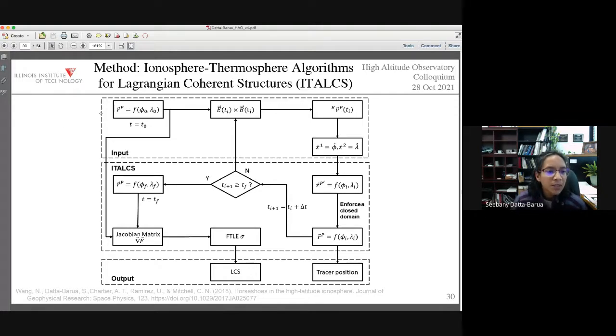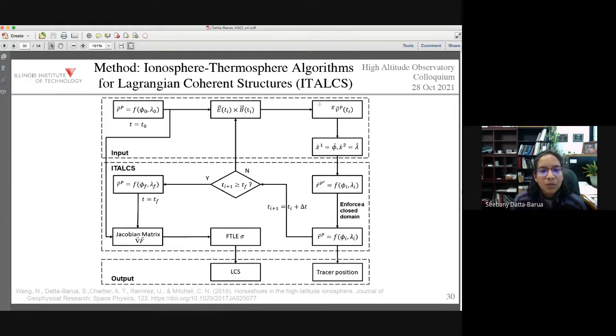Basically, you start off with a set of inputs. These are starting locations. This is your general velocity model. Here I'm showing it for the ionosphere, but this would be any snapshots of flow fields that you have over time. So it could be for the thermosphere, or in this case, the ionosphere.